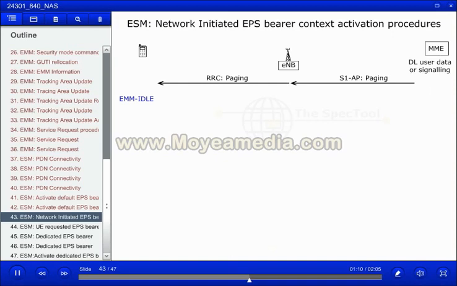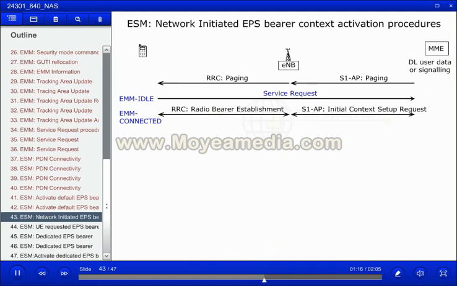When the EMM idle UE hears the paging, it will establish the radio towards an eNode B and send the service request message. When the lower layers between the UE and eNode B up to the MME have been established, the UE is in EMM connected mode.